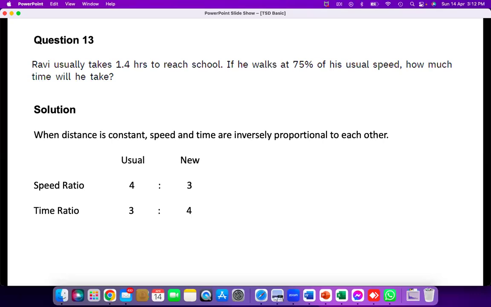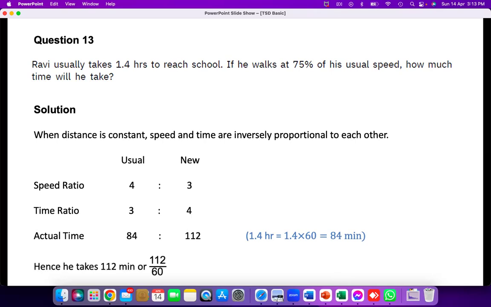So if usual is 4, new speed becomes 3, right? Ratio of time is 3 is to 4. Actual time, how much is given? 1.4 hours usual, right? So that is 1.4 hour means 84. Hence 1.86. Fine.